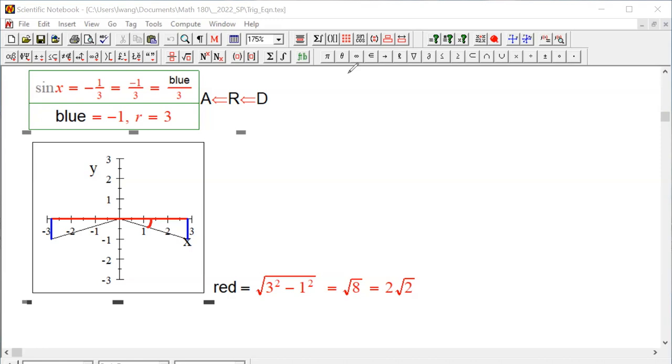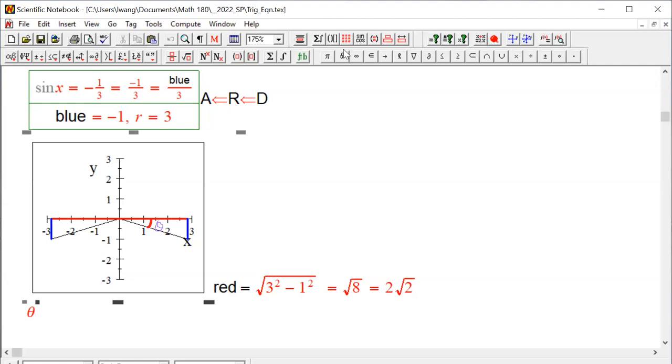How do we represent this angle? That's the question, right? How do we represent this angle? This angle is in the range of arc sine. So we can use arc sine to represent it, okay? So this theta can be represented as the following.